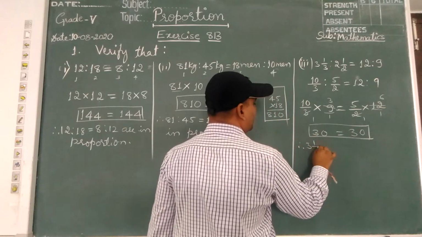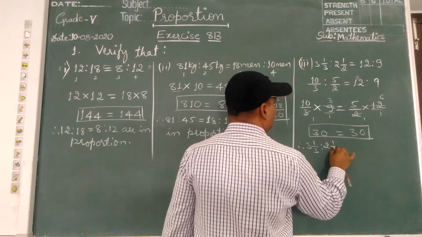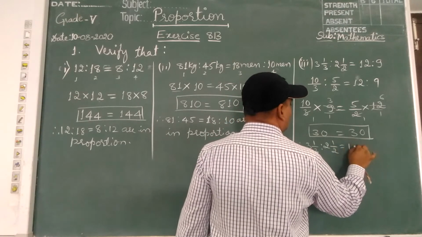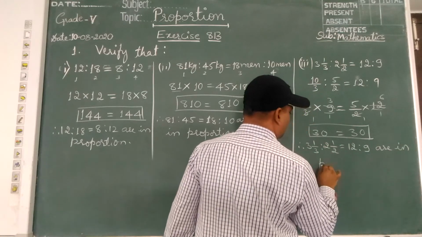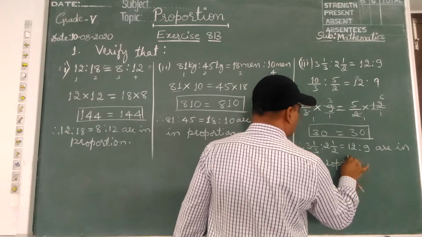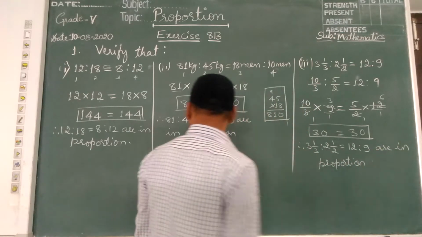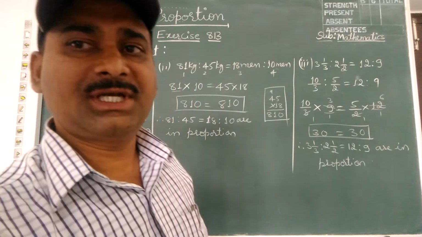Therefore, we can say 3 is to 3 by 2, 2 is to 1 by 2 are in proportion. Understood?